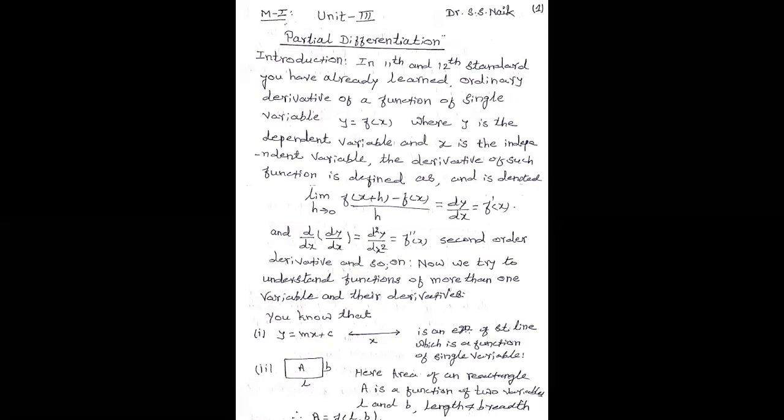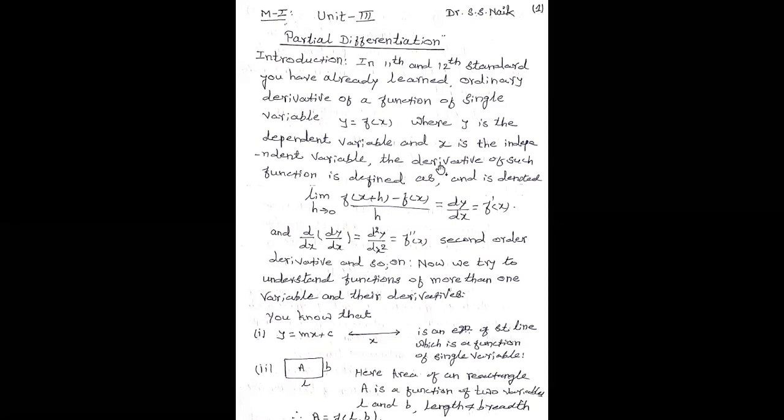Students, in 11th and 12th standard, you have already learned the ordinary derivative of a function of a single variable, y is equal to f of x, where y is a dependent variable and x is the independent variable.